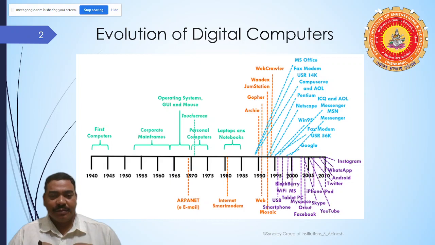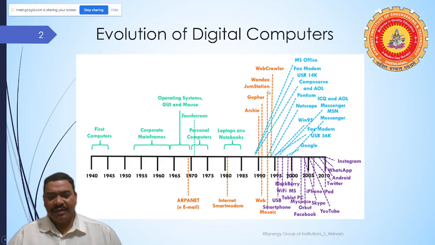From corporate machines to personal computers, PCs, during the 1970s, common people could use them for their personal purposes. In the 1980s, laptops or notebooks were developed. After that, various applications were developed based on those architectures.